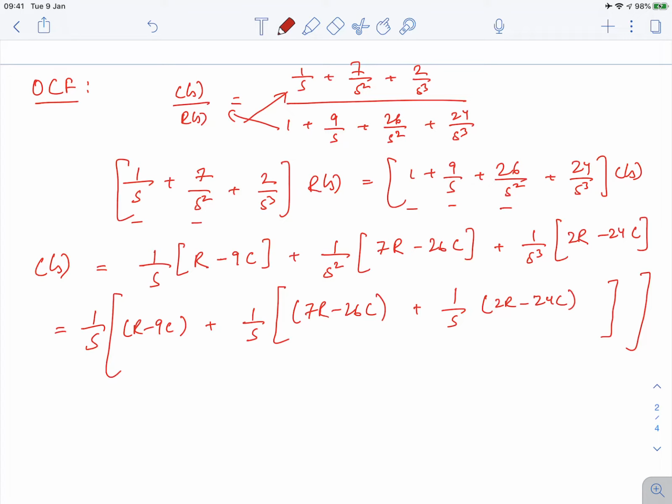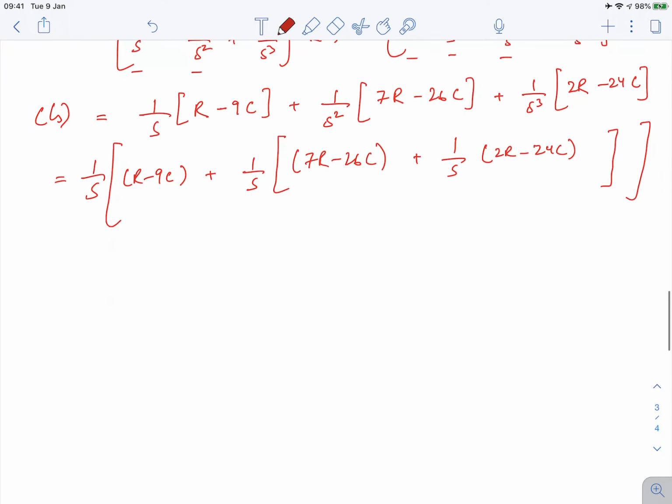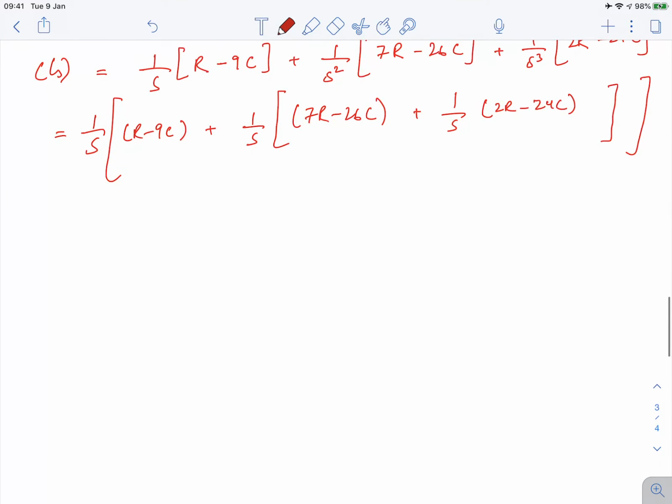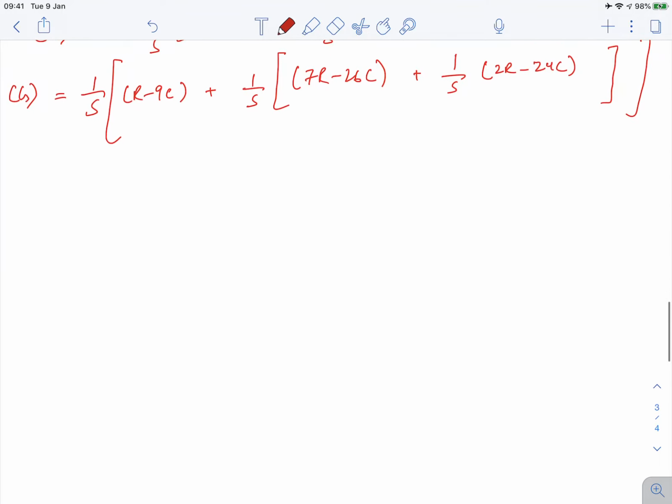Okay, so this is the same thing because 1 by s I have as a common factor from the overall equation. Similarly, it just represents the integrators. Okay, after obtaining this last equation, let's write it c of s.